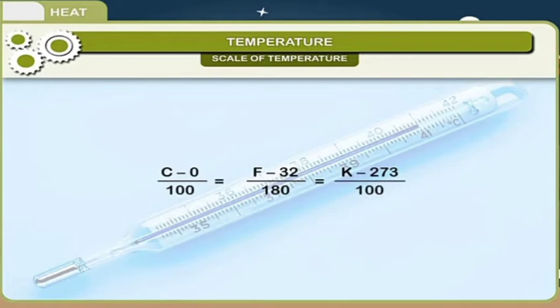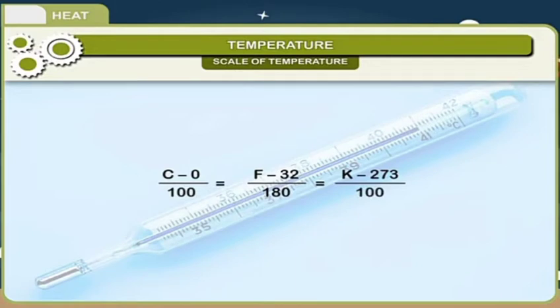And these 0, 32 and 273 are taken because the Celsius scale starts from 0, the Fahrenheit scale starts from 32 and the Kelvin scale starts from 273. And in the denominator, we have written the divisions that are available on the scale.